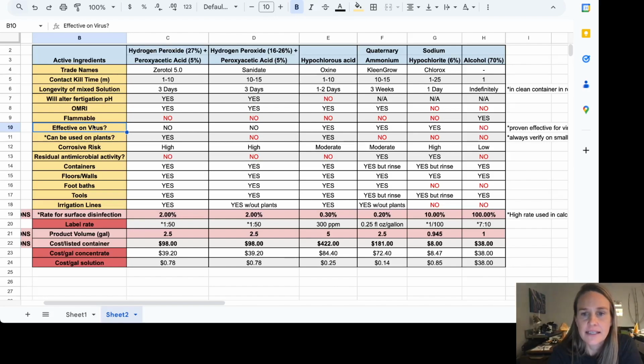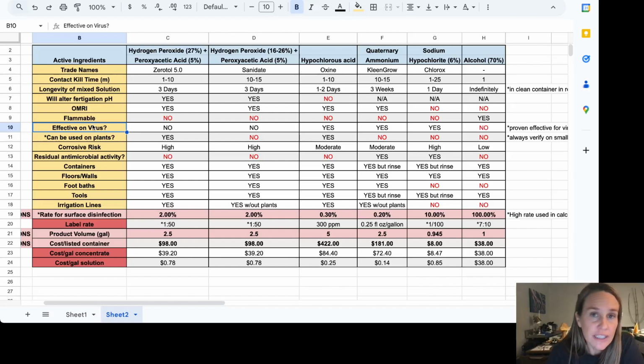Hypochlorous acid, quinary ammonium, pretty much everything else does have capacity except alcohol. Interesting, you would think that could be the strongest compound you could use, but it's actually not.